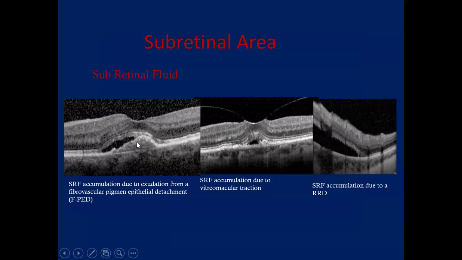It can be from the fibrous scar from AMD leading to leakage, or vitreomacular traction causing fluid in the subretinal space, or a patient with retinal detachment is likely to have accumulation of fluid in the subretinal space. All these things can be nicely appreciated by your OCT. Even after treatment, you can appreciate improvement.